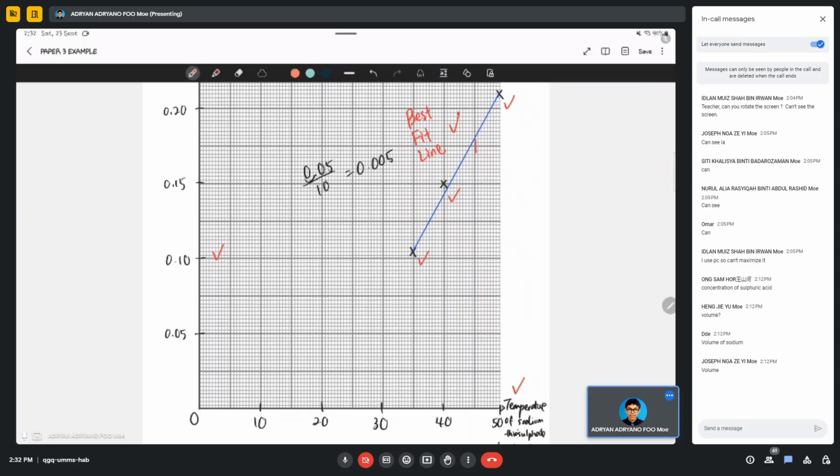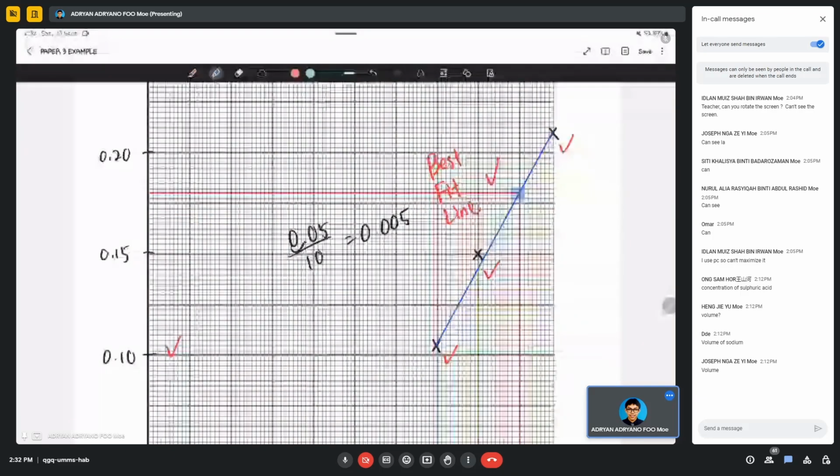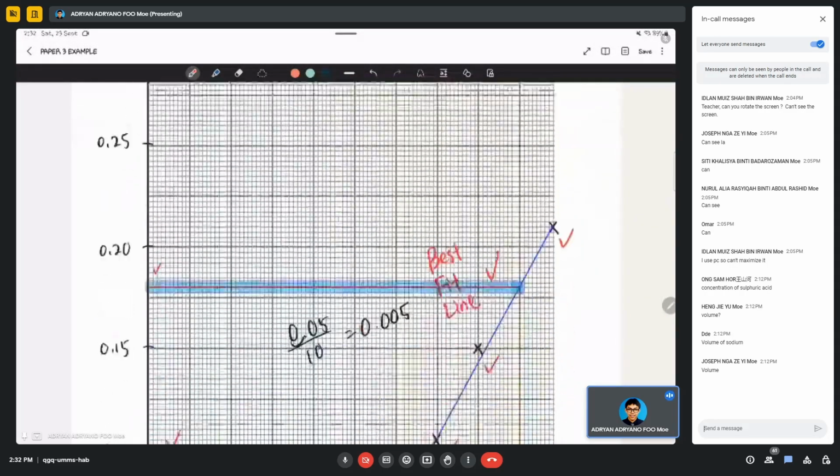But here I have to draw a solid line, because if dotted then later it will be very ugly. Then I draw across from that point. My point is where? Can you see? The intersection point, here. This is the value that I want. So I look at where this straight line touches. What is the time taken?